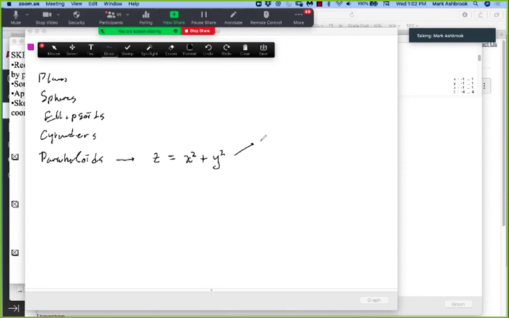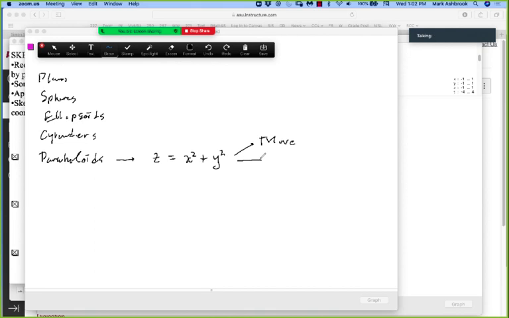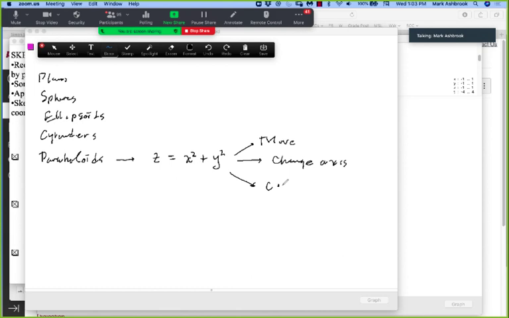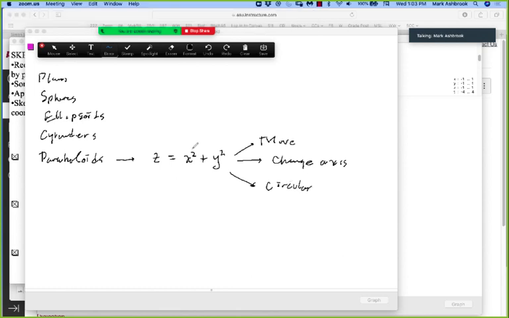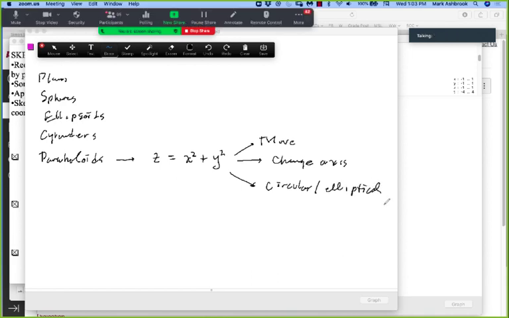We could translate it, move it, change the axis of orientation by changing the variable that's the linear variable, right? And then we'd have circular versus elliptical by dividing by the radius squared. And we worked all that out in class, last class.